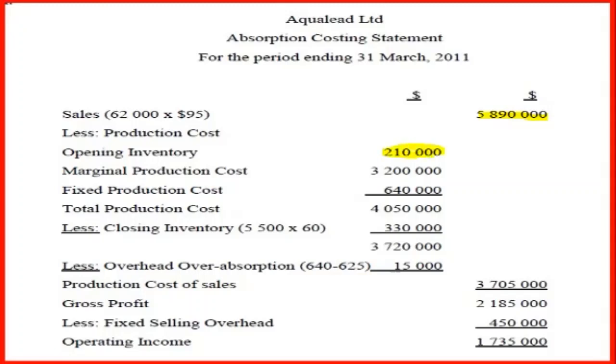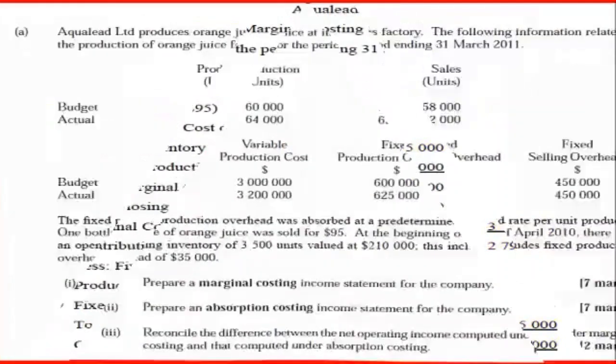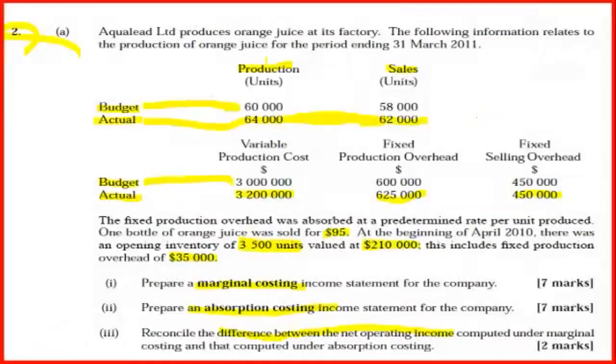We do not remove the fixed costs, and we can use the variable cost of production here, as well as the fixed, to get the total cost of production. So using the 32 and the 625 here.